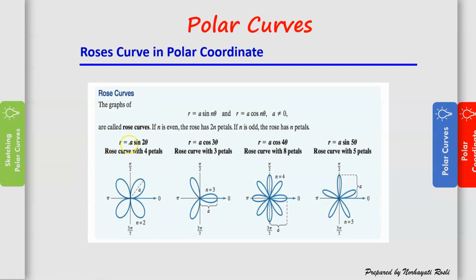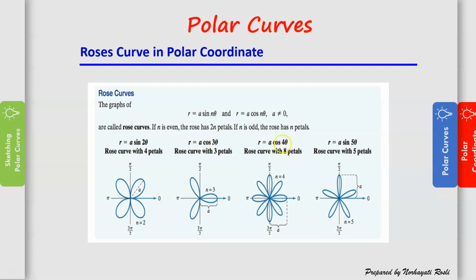When you have r equal to a sin 2 theta, this is a rose curve with four petals because here our n is 2. We have learned previously that when n is 2, it is an even number, so petals equal 2 times n, which in this case is 4. And for this one, because our n is 3, it is an odd number, so our rose will have 3 petals.